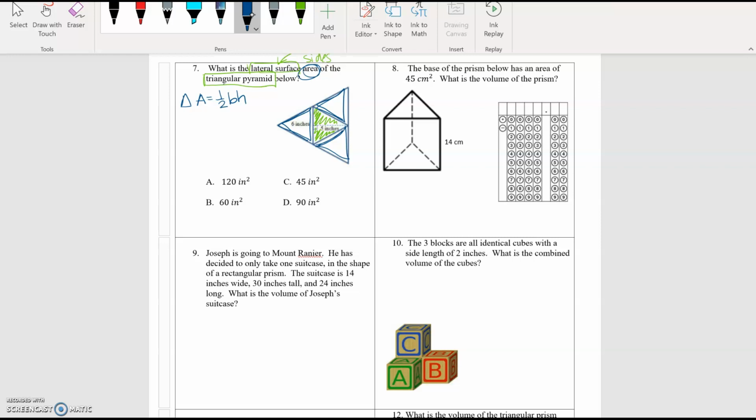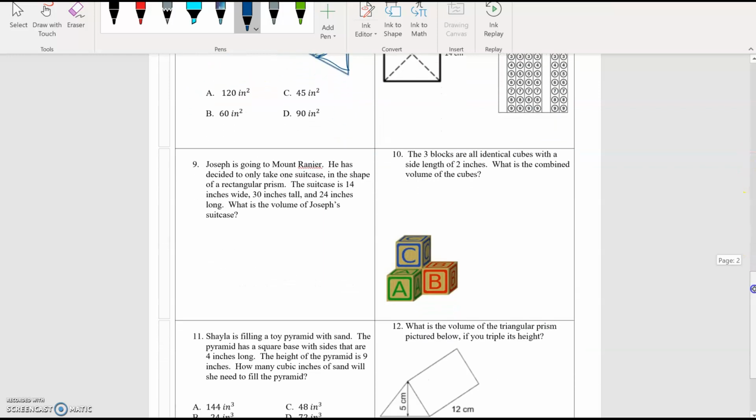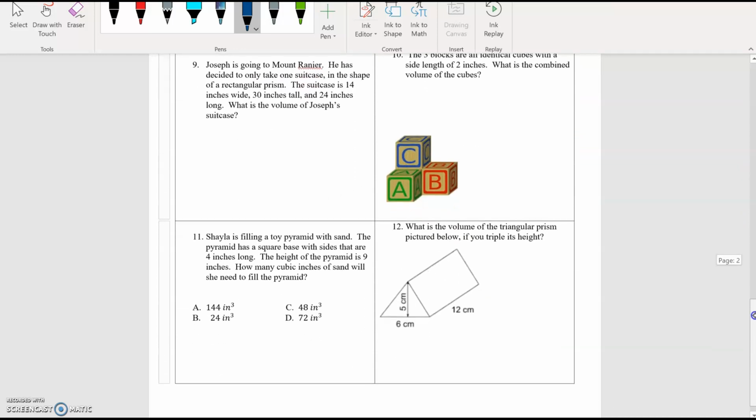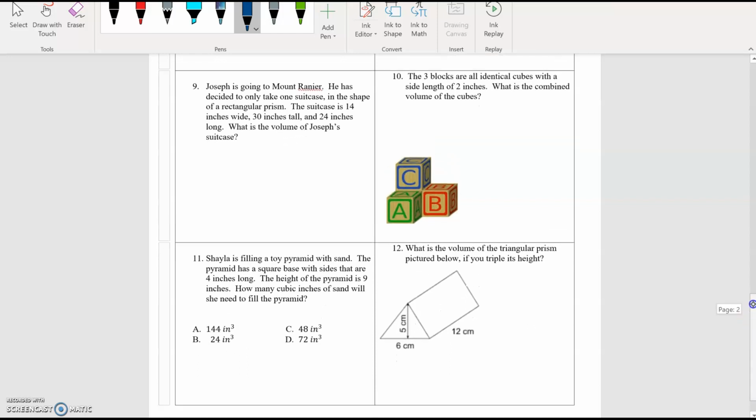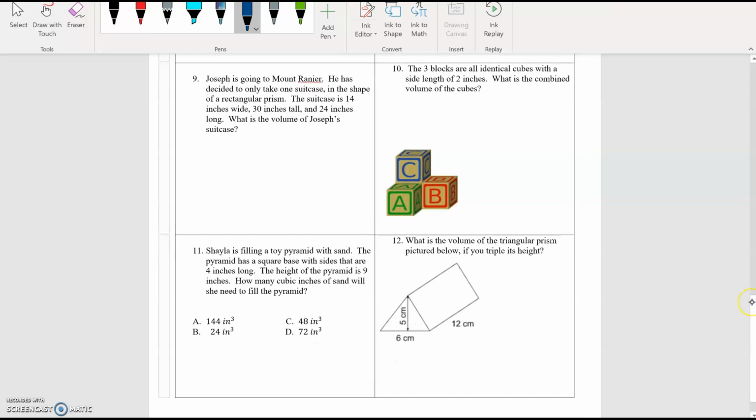Okay, so I want to take one more look at a problem together. Let's see. You guys should be pretty good. So make sure that you're paying attention as you're reading these problems today. So this one, I would draw a picture, okay? Always draw a picture if there's not a picture. So it's a suitcase.